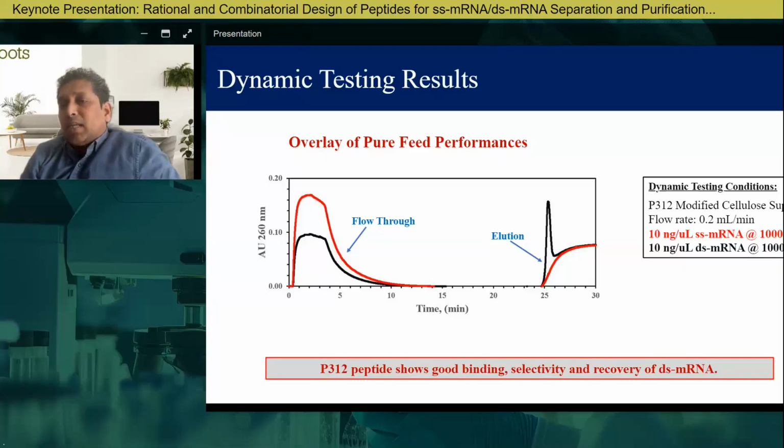And another interesting thing that happened during the course of this work is we serendipitously discovered that we can actually graft these peptides on off-the-shelf filter papers. So no fancy membranes, these are still cellulose, but we can actually graft these peptides.